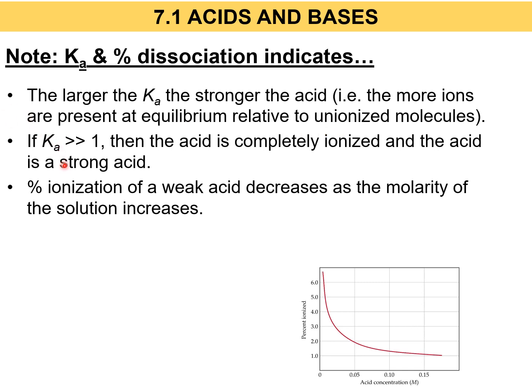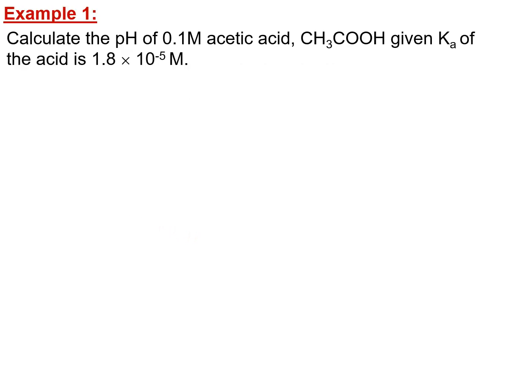So what I want to say here is, if let's say the weak acid dissociation constant Ka is greater than 1, therefore the acid is completely ionized, and actually the acid will be a strong acid. Okay, but it is rare to get more than 1, and the percentage of ionization of a weak acid will decrease as the molarity of the solution increases.